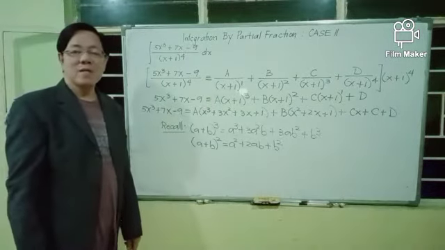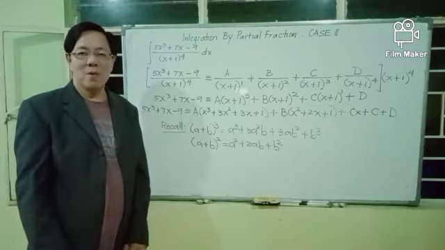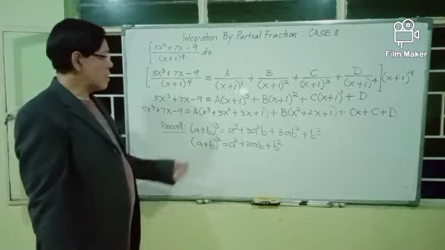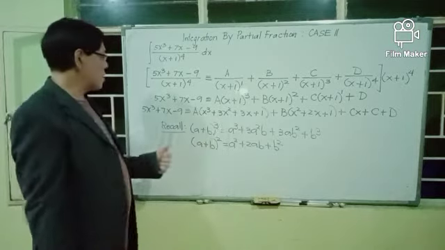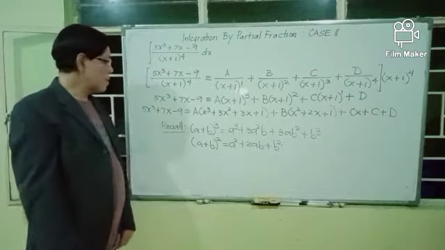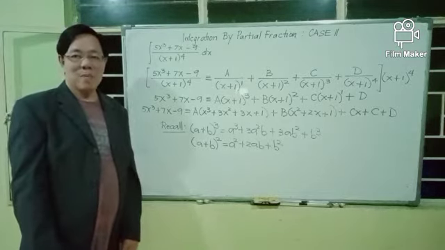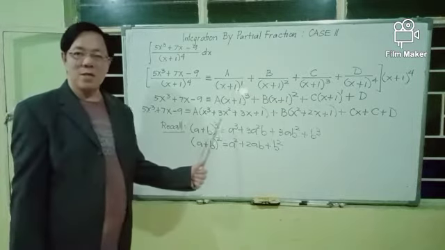Now, after the expansion, we equate the coefficients of the variables at the right-hand side with the coefficient of the variable at the left-hand side, with the variable having the same exponent at the left and at the right.